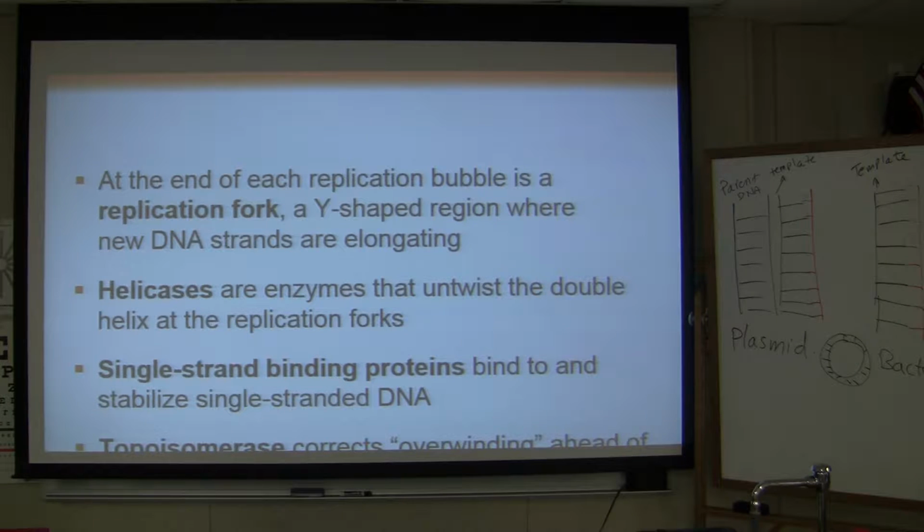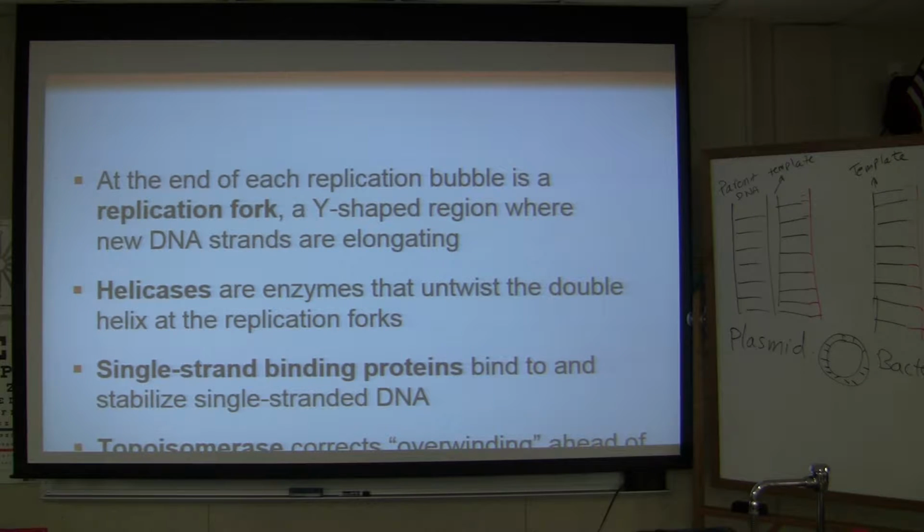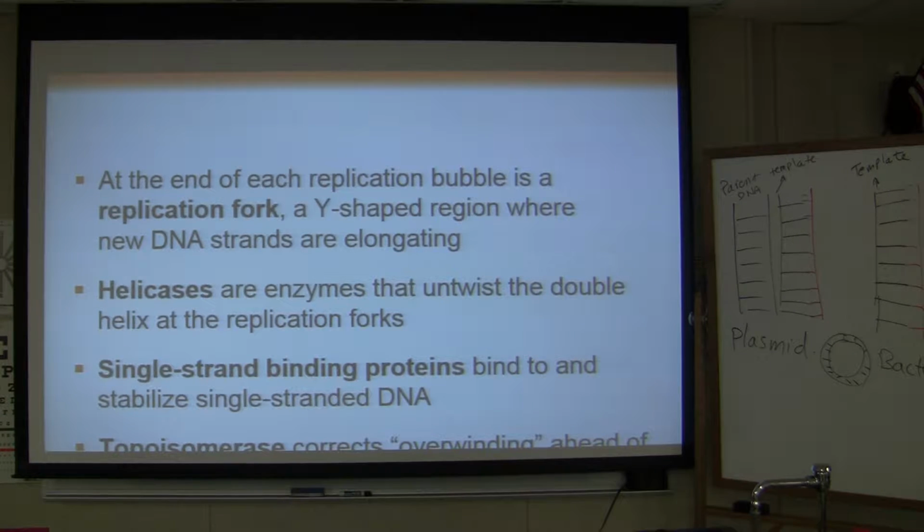I don't know if you guys have ever done this in your life or not. If you have two ropes wound together and you want to separate them, somewhere along the line it jams. You know what I'm talking about?